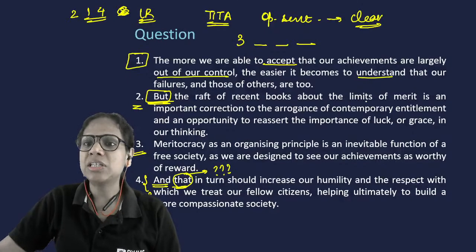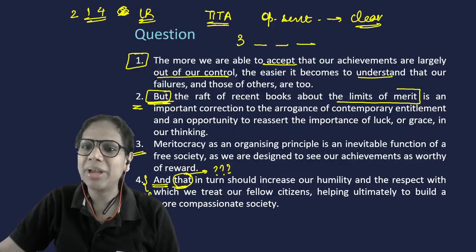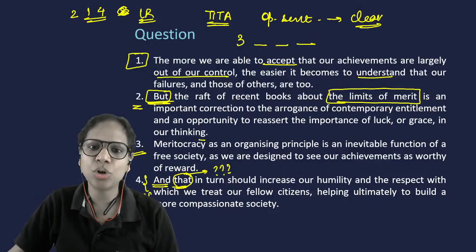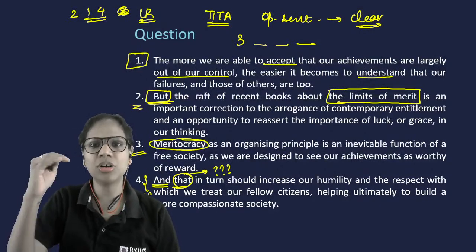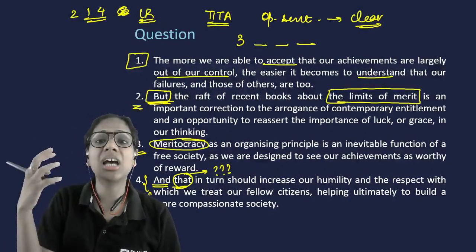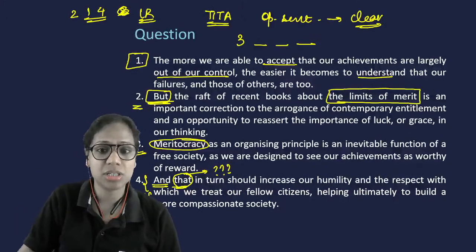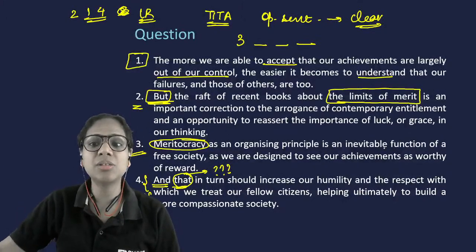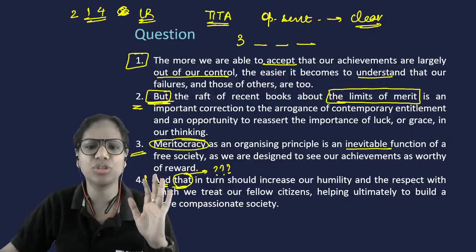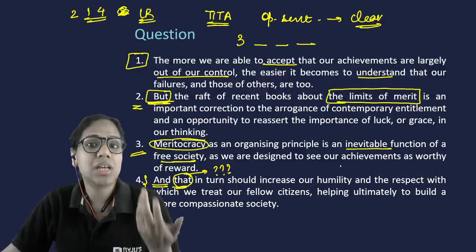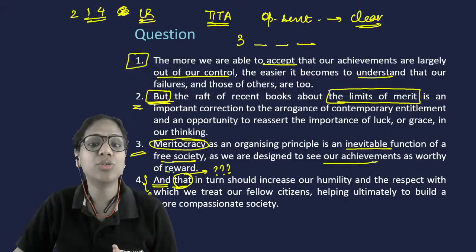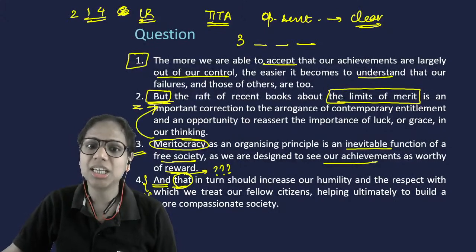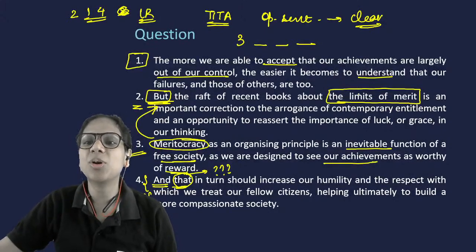The raft of recent books about the limits of merit. So here I talked about meritocracy, a person being higher in the hierarchy because he or she is more meritorious. So meritocracy as an organizing principle is an inevitable function of a free society, as we are designed to see our achievements as worthy of reward. But the raft of recent books about the limits of merit.